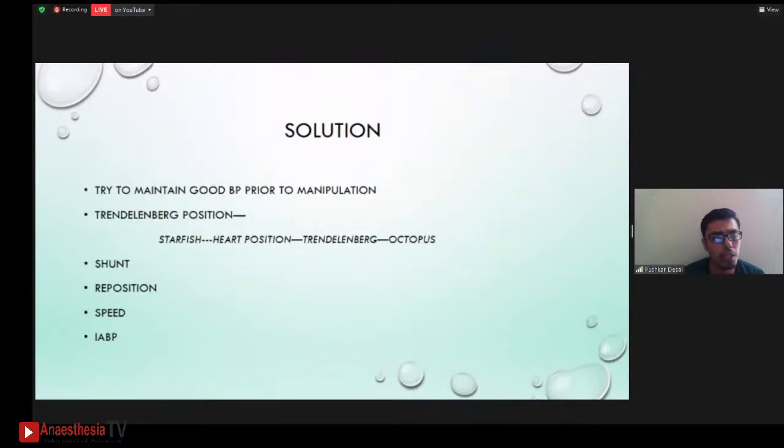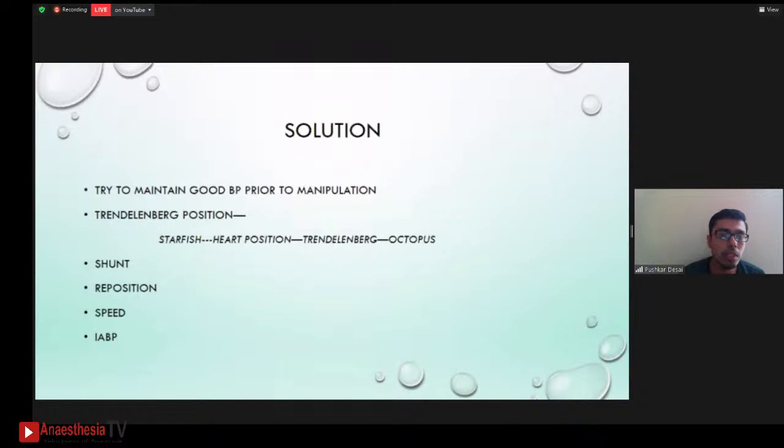Apart from that, the surgical alternatives to maintain pressure are meticulous placement of intracoronary shunts, careful positioning of the heart, of course quick anastomosis, and if nothing works, we can place the IABP or convert to open heart surgery in case of an emergency situation.